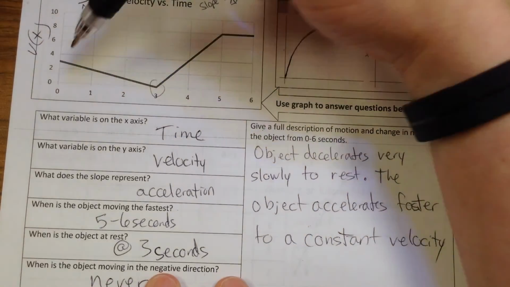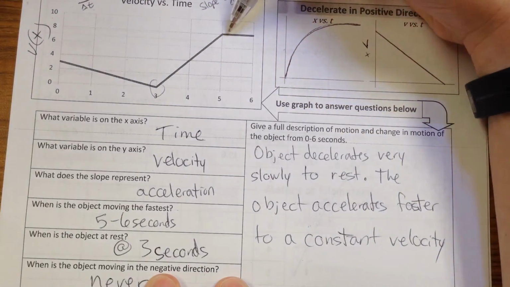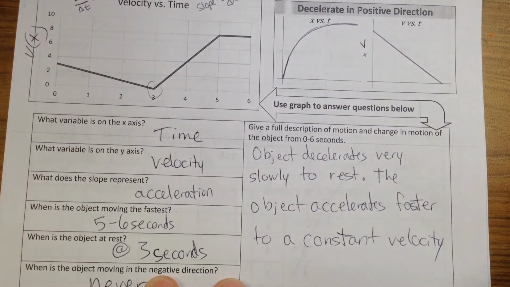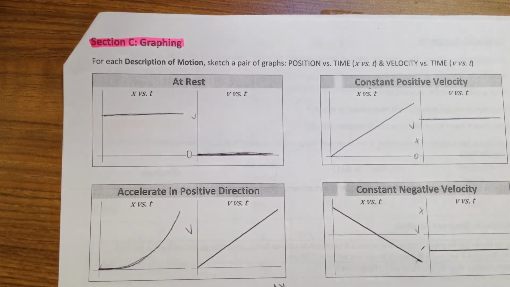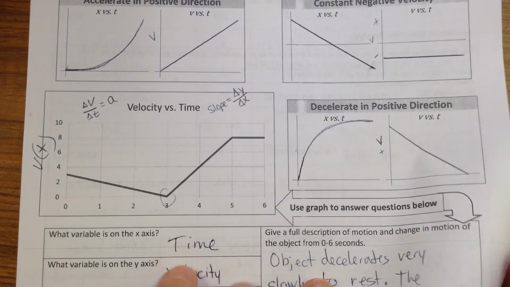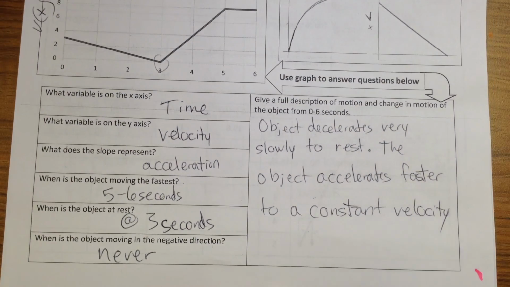So the object decelerates slowly to rest and then accelerates quickly to a constant velocity. And that's how I would do that section. There's a review on graphing. So just a quick overview of all of the answers there. Do a quick check. There you go.